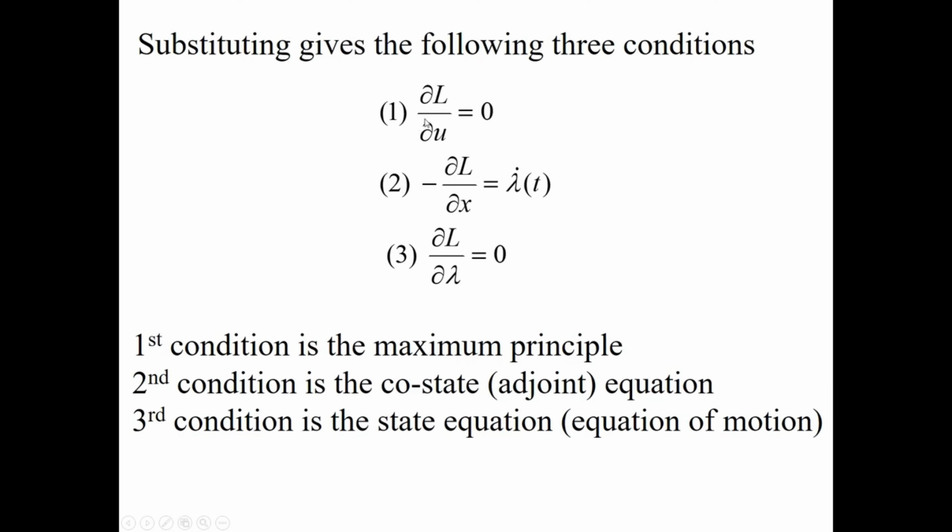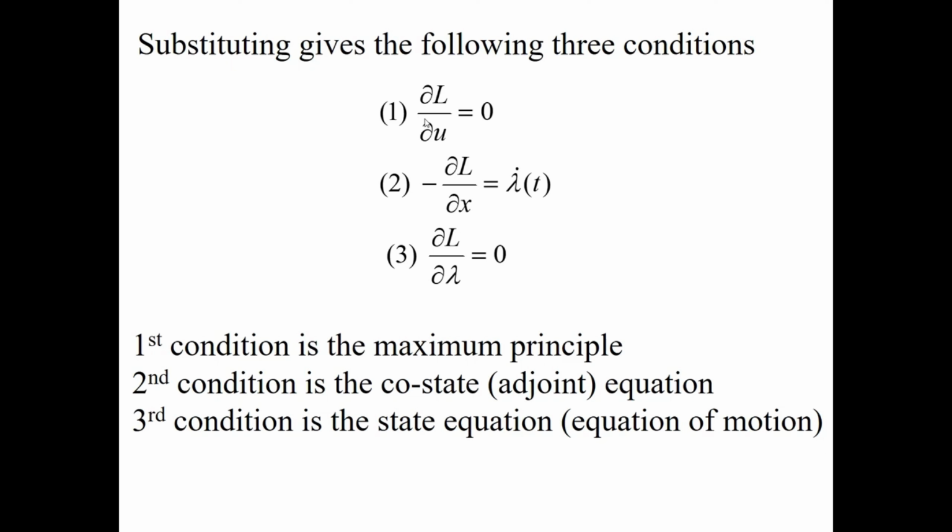The first derivative of the Lagrangian with respect to the control variable is equal to 0. The negative of the derivative of the Lagrangian with respect to the state variable is equal to lambda dot, which is the co-state variable.